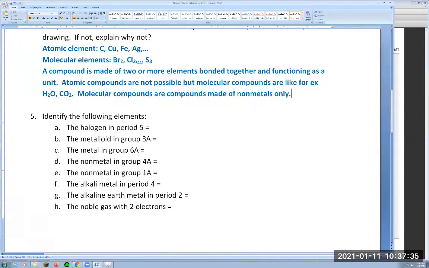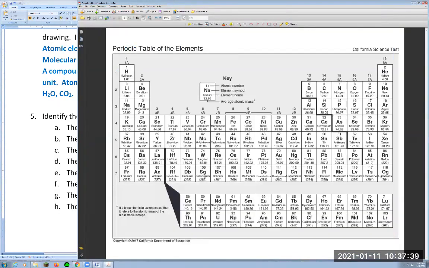So we are looking for the halogen in period 5. So period 5 means, if I highlight it here, it's this period, right? The periods are rows, so row number 5 here. And we said the halogen. So you need to know what the halogens are. And so the halogens are group 7A here.